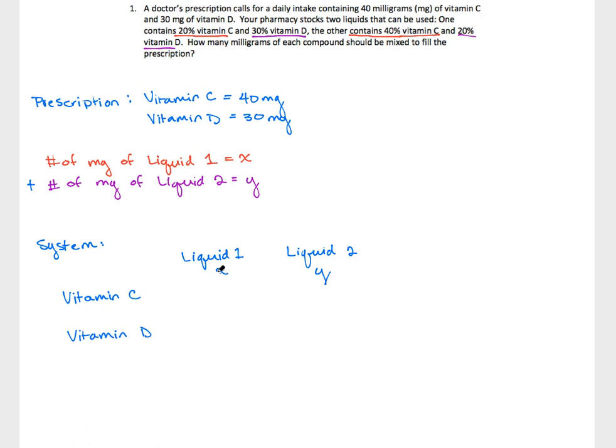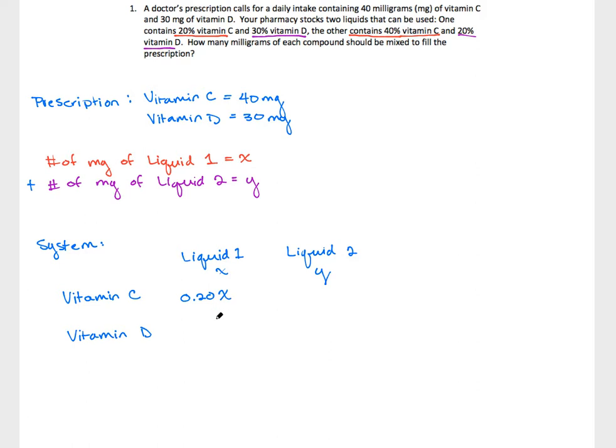So liquid 1 contains 20% vitamin C. So I'm going to use 20% vitamin C. If I take 20%, which is what's in liquid 1, times the number of milligrams, and I don't know how many milligrams of liquid 1 I'm going to need, but that's going to fulfill the vitamin C requirement out of liquid 1.